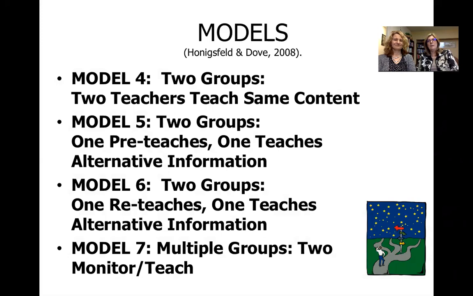The idea of this model is to reduce the student-teacher ratio and allow students to have greater access to a teacher. Another way to use model 4 is to group them homogeneously. In this way, the teachers can use different tools and different levels of language to teach the same content. That's one really powerful way to use model 4.